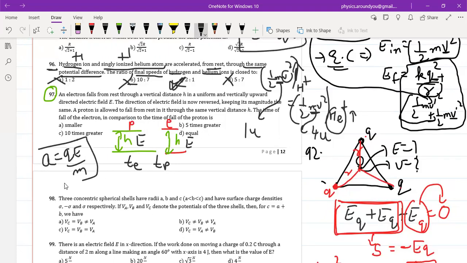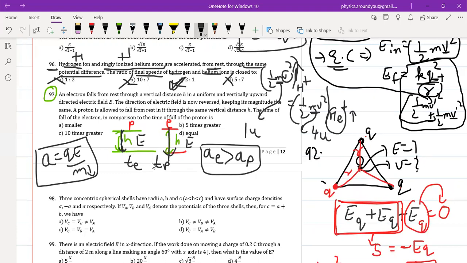Since mass of electron is less, acceleration of electron is greater than acceleration of a proton when kept in the same field. So electron is accelerating rapidly, whereas proton is accelerating slowly.